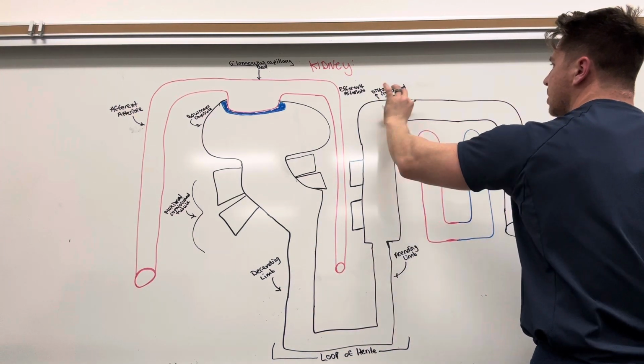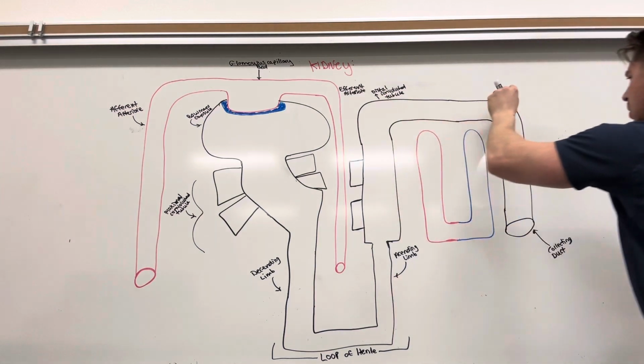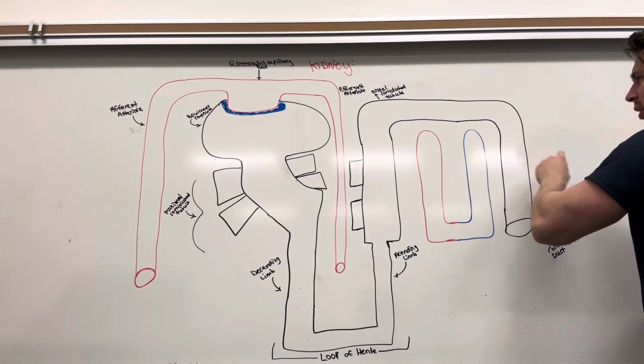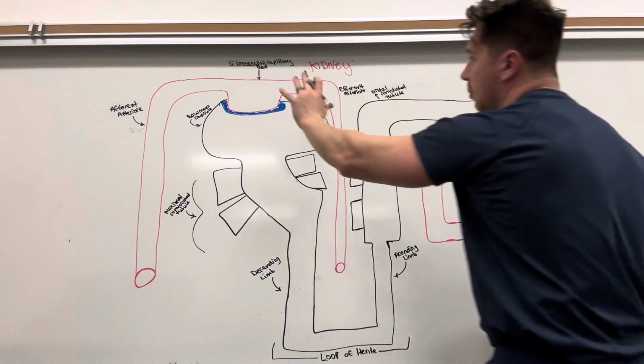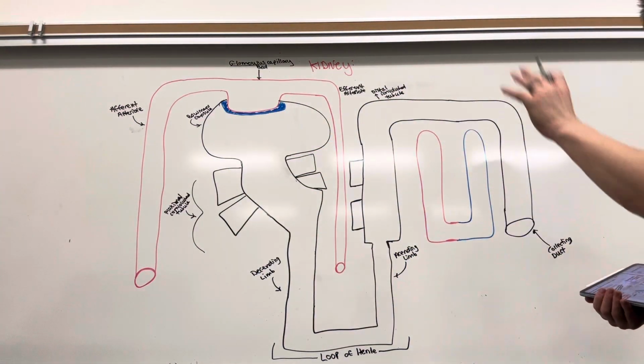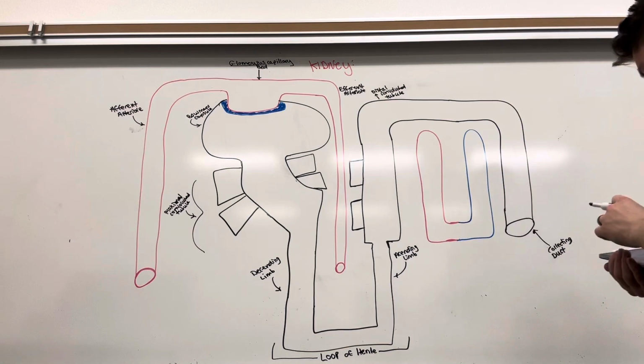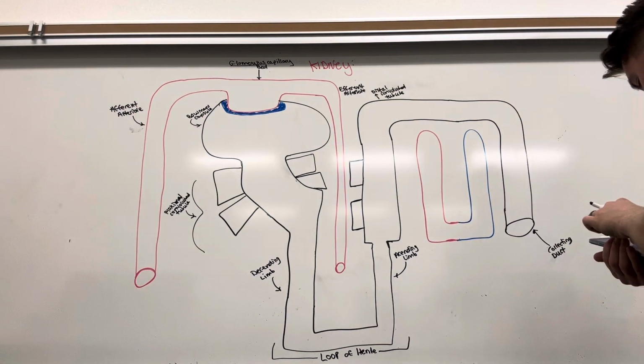Then the distal convoluted tubule, which leads into the collecting duct, okay? So that's a roadmap of where we want to go. We're going to start up here at the top and work our way down, talking about everything occurring throughout this that we need to know for this kidney section, okay?